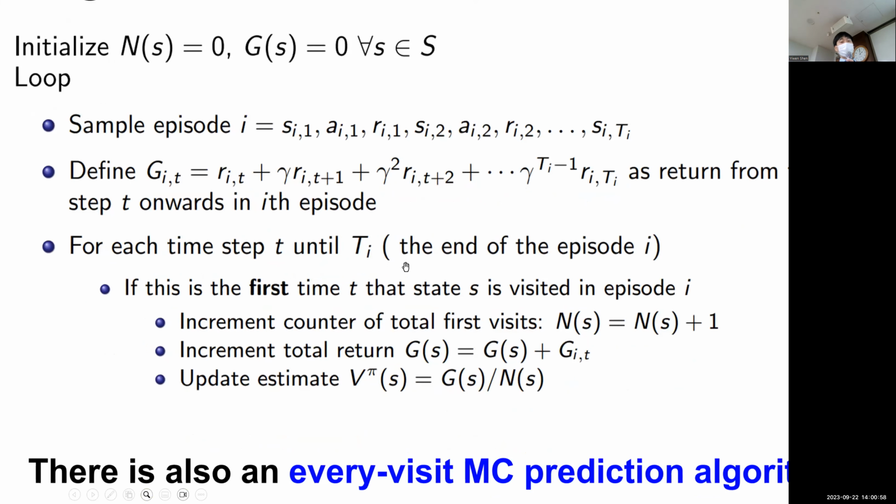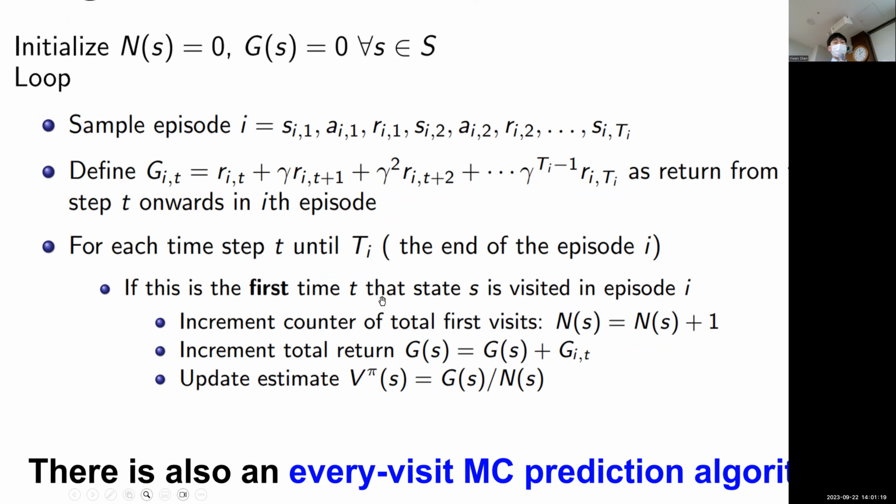So for each time step t until the end of this episode. Actually, we need to count in reverse because the reward may be accumulated. Right?